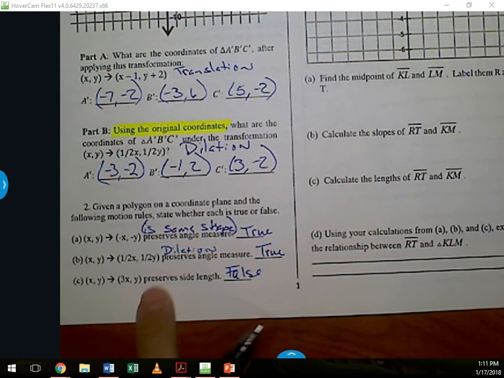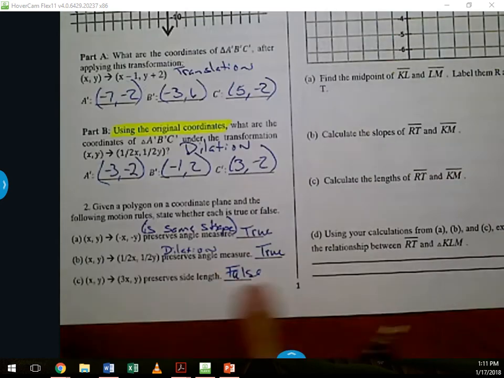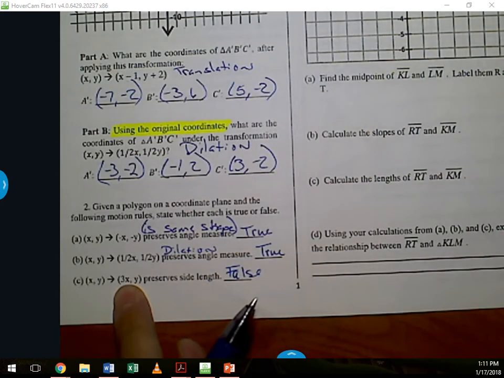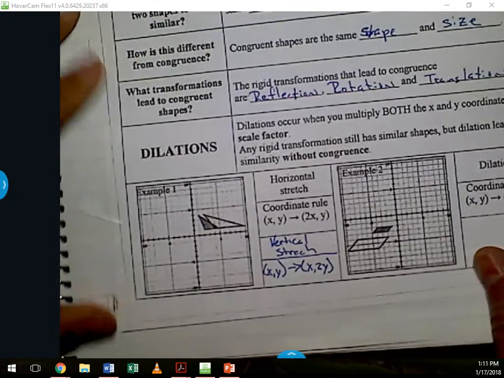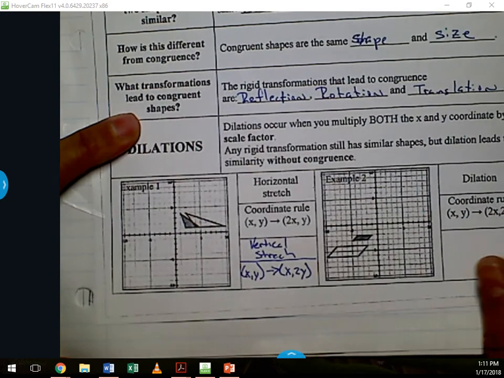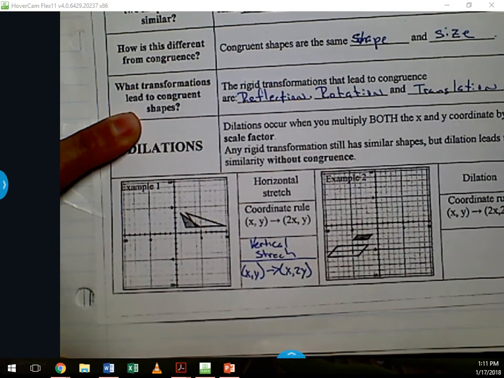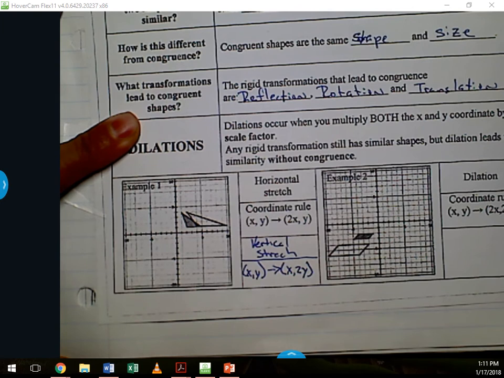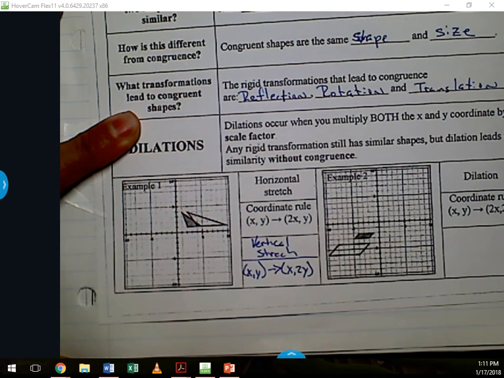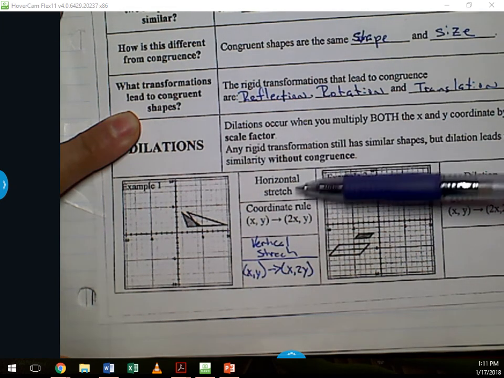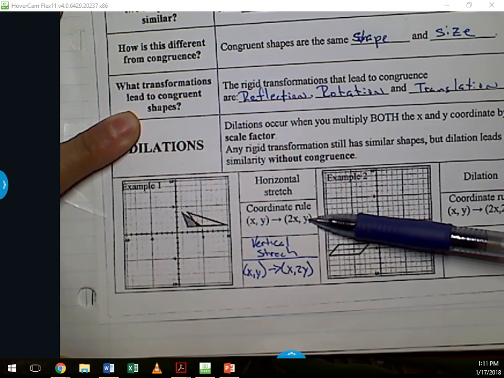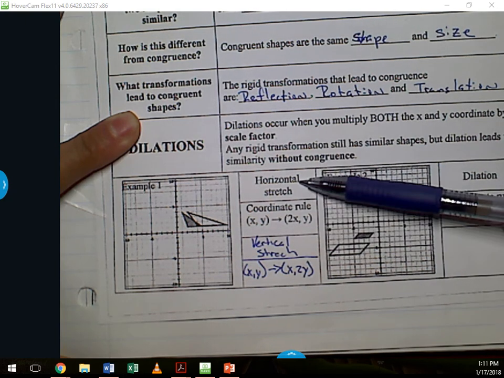Now let's take a look why. If I'm looking at it and I'm only multiplying the x, right? I'm looking at my notes right here on page 5. What is it called if I'm only multiplying the x? It's a horizontal stretch, isn't it?